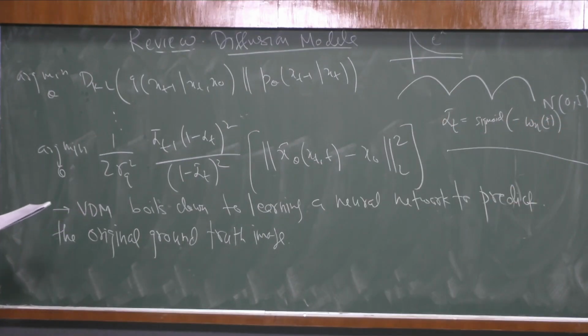So this is a way of doing a scheduling. Okay, here obviously eta has to be learned. So again it could be taken as a neural network here. We will take omega eta t as some kind of a neural network which is increasing in time, and then alpha bar t is sigmoid of that. And if we do this, then we will have to change our optimization problem overall with eta also.